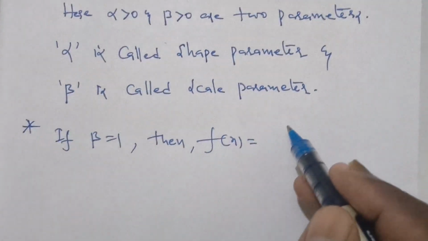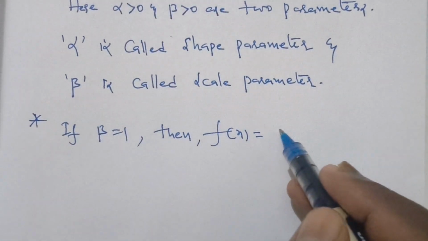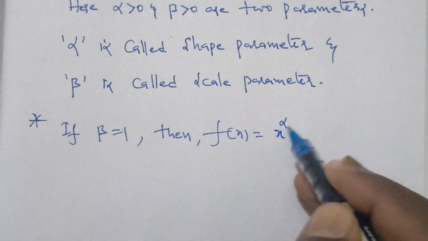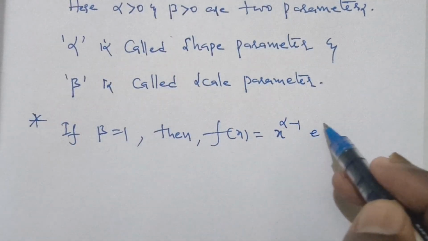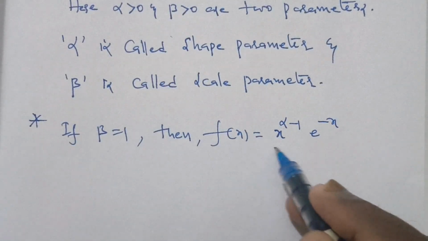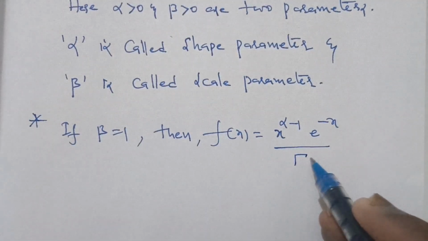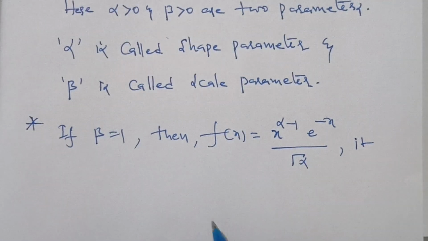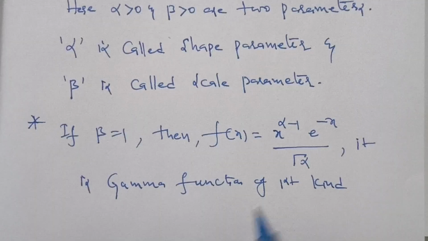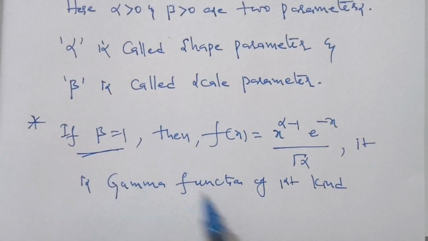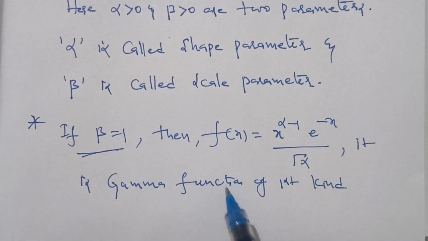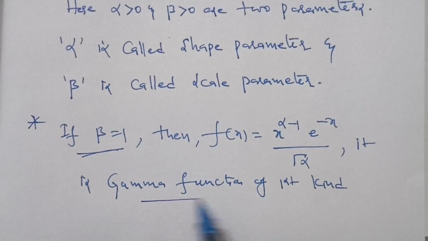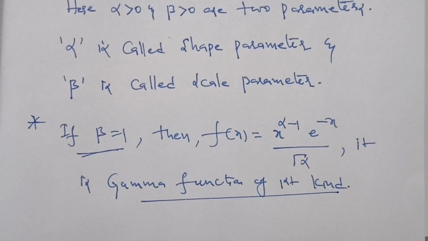Then the above PDF can be converted into x power alpha minus 1 into e power minus x by gamma alpha, where alpha is greater than 0. It is similar to the gamma distribution of the first kind. Okay.